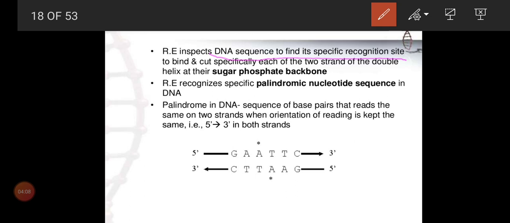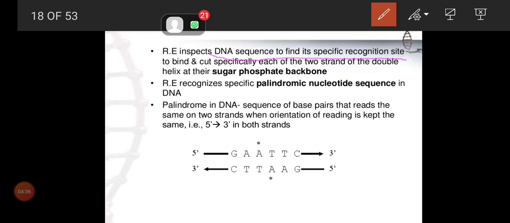Clear, children? So here it will be very, very interesting. Restriction endonuclease, by the shape to shape matching mechanism, will go and fix with the DNA. Where it fixes, that is only the recognition site. Okay, and after going to the DNA, it just wraps around the DNA. The two strands also it will wrap around.